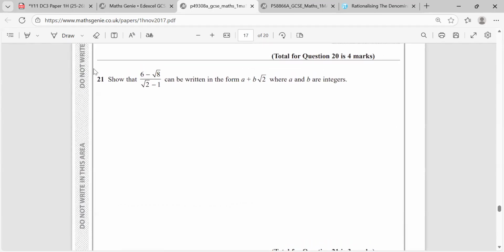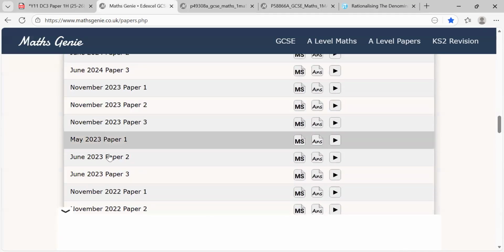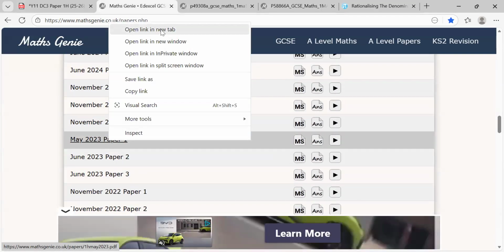And you can see here, it's kind of giving you hints by saying show, and then it's giving you answers there. So it's giving you hints at the answer. So that's quite nice. And then you've got something a bit more challenging. Let's see what kind of question. Let's look at 2023 paper one. Something like this.